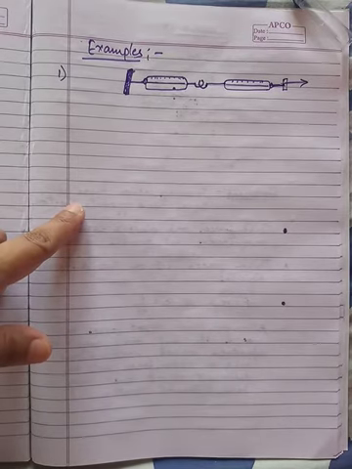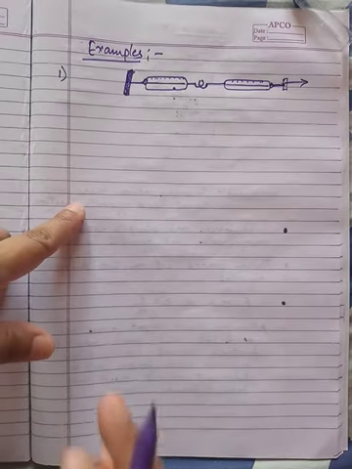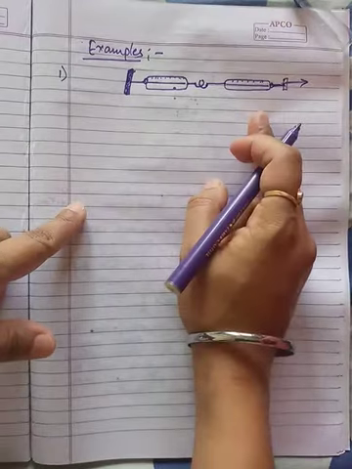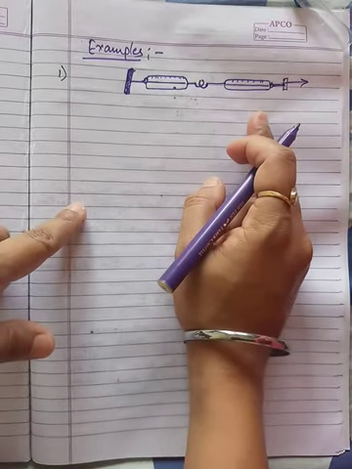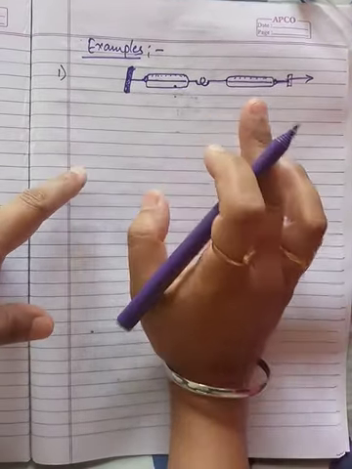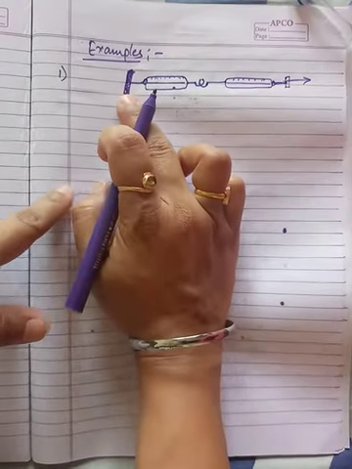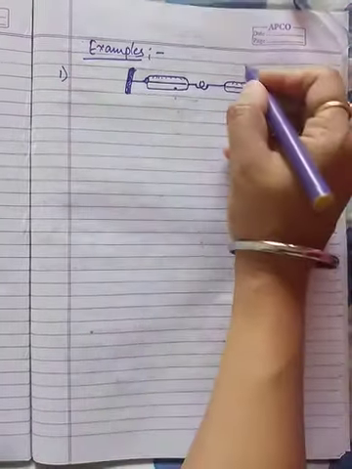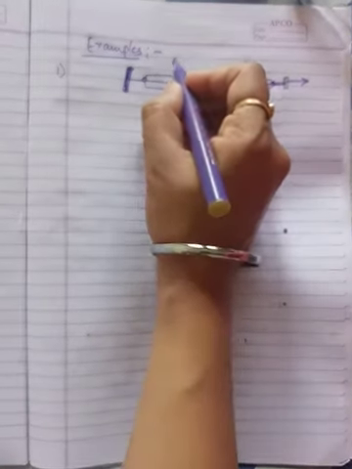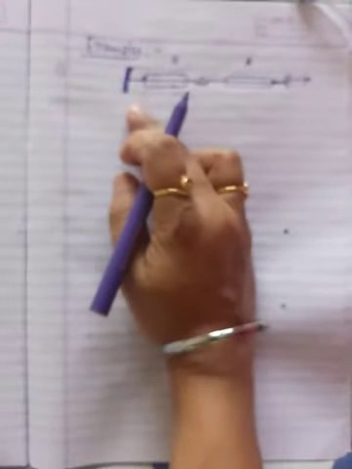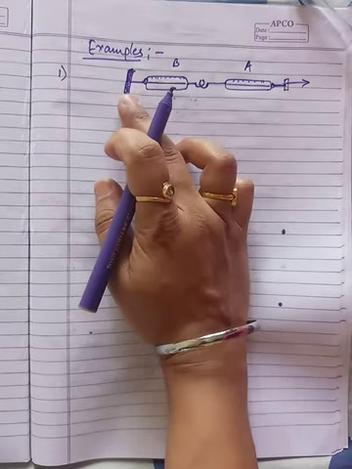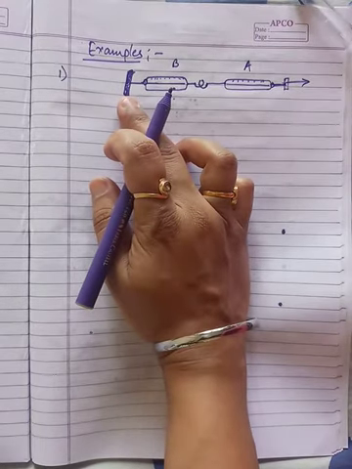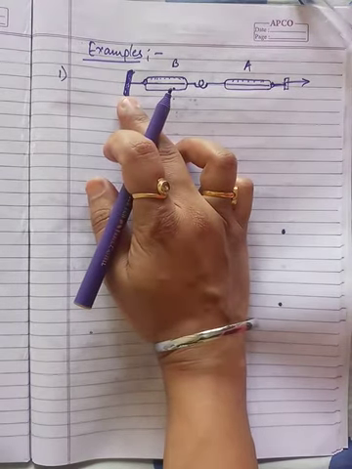So we have considered two spring balances, basically two spring balances. They are connected together, and the fixed end is, you can say, fixed end of one spring balance. Suppose that is balance A, it is balance B, and a fixed end of balance B is attached with a support, which is very strong support like a wall.